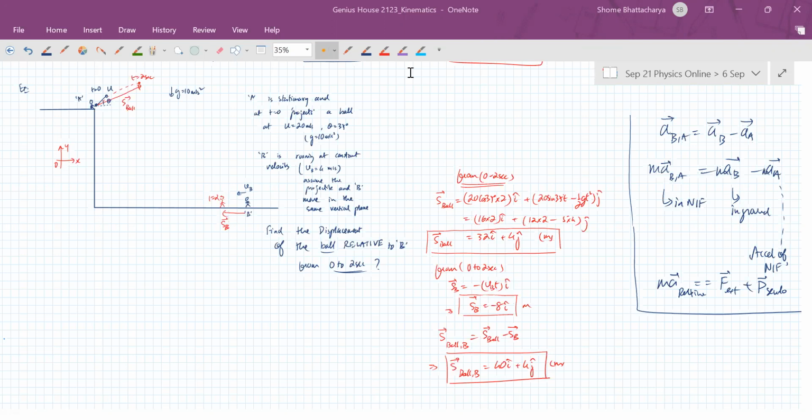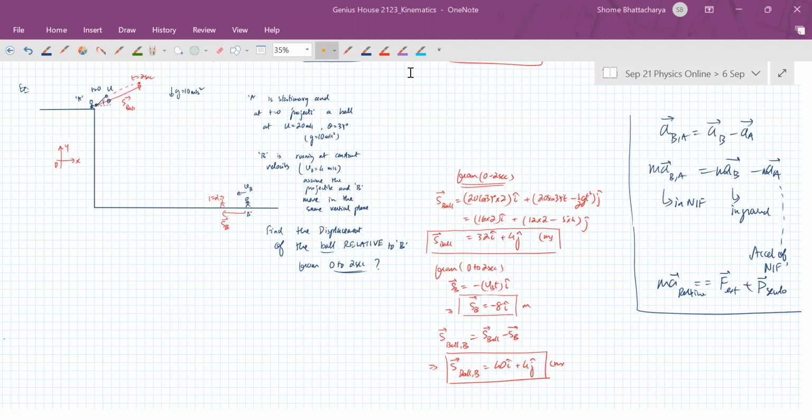Okay, so hope the application of relative displacement is now clear to everyone. Sir, the height of body A from the horizontal doesn't really matter while calculating the relative displacement? Yeah, for displacement it doesn't matter, beta, because displacement is change in position. Now, if I asked you what is the relative position of the ball with respect to B, then of course the height would be taken into account, right?